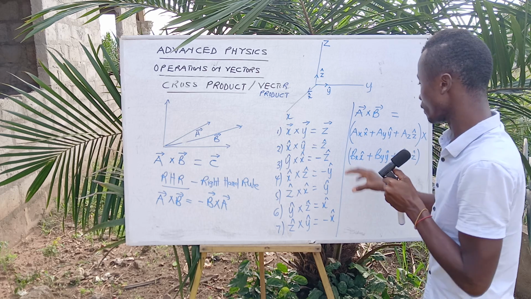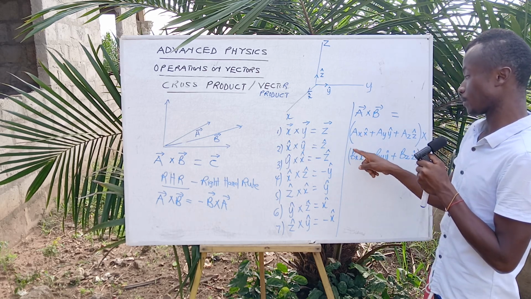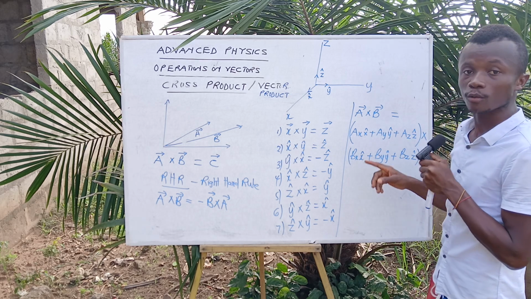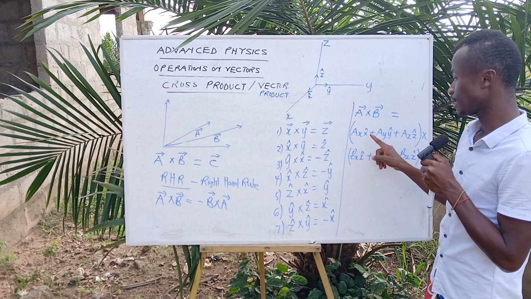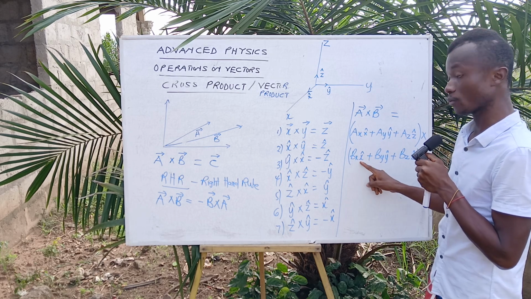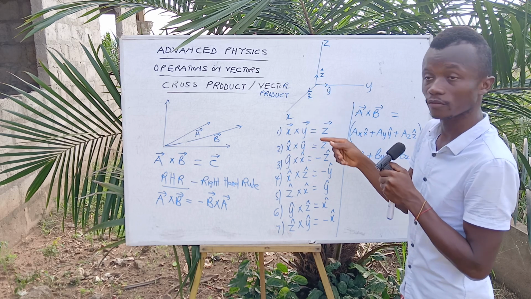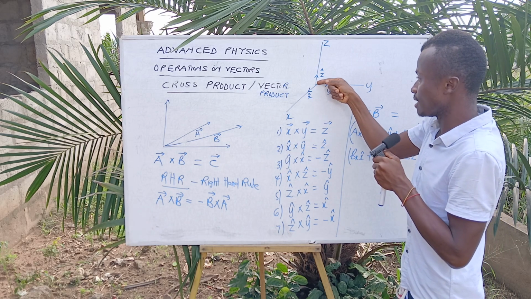So then we are going to expand the bracket. If you pick AX x-hat, then you multiply through the bracket here. The first quantity will give us AX times BX, x-hat cross x-hat. If you have x-hat cross x-hat, they are both pointed in the same direction.